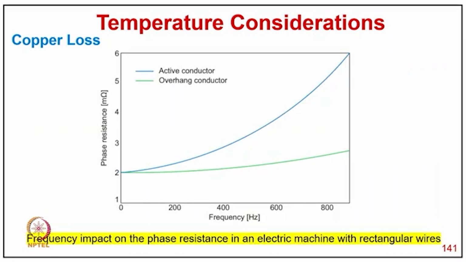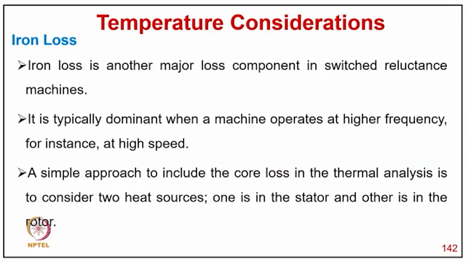And this is how the frequency impacts the phase resistance of rectangular wires for the copper loss, as resistance increases with the frequency for the overhang conductor portion and active portion of conductor.